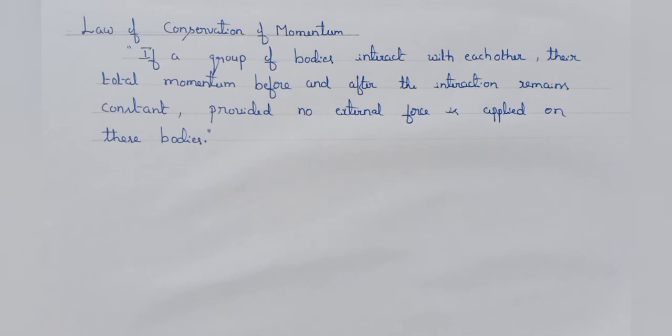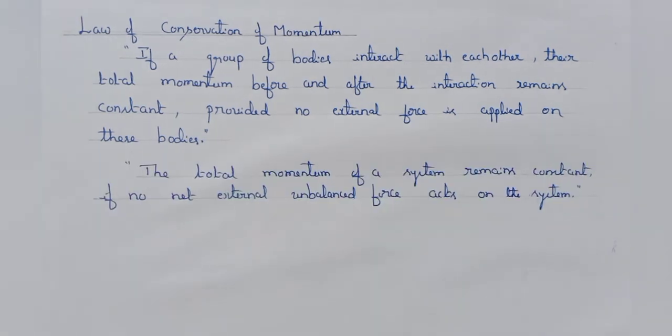This law can also be stated as: the total momentum of a system remains constant if no net external unbalanced force acts on the system. It means the momentum of a system is constant if the net external force acting on it is zero.